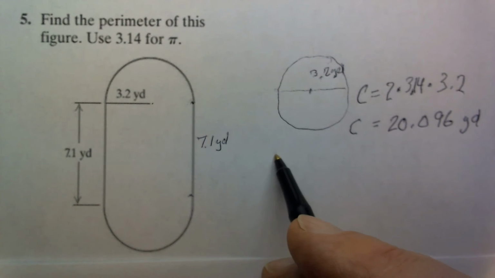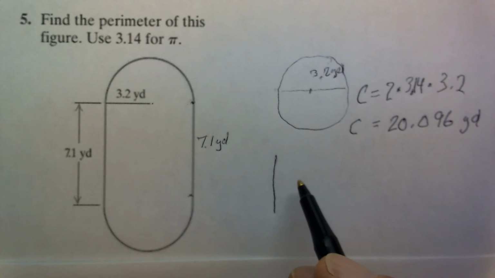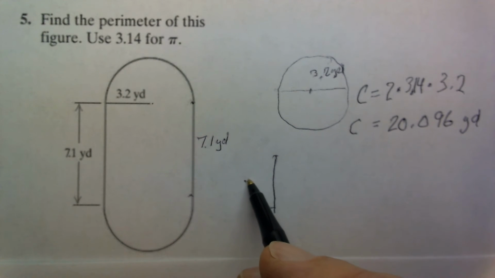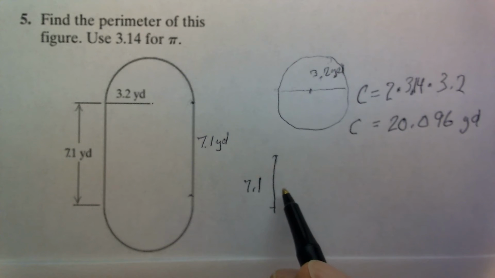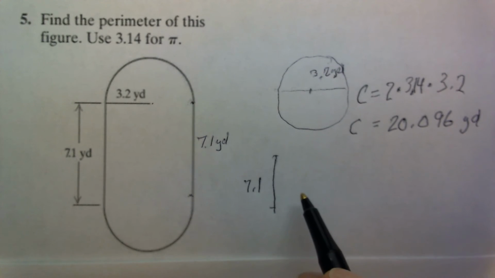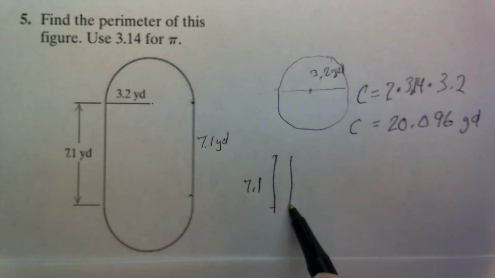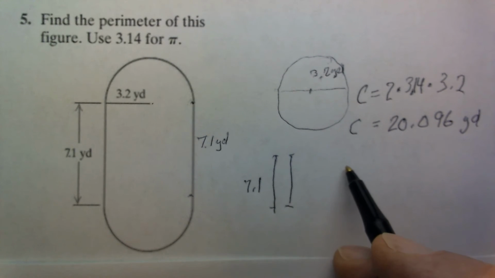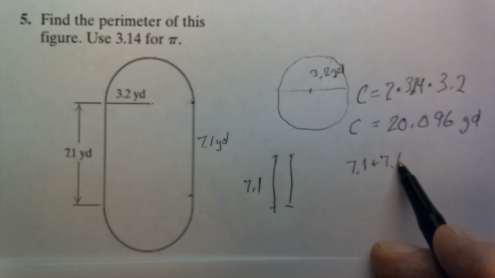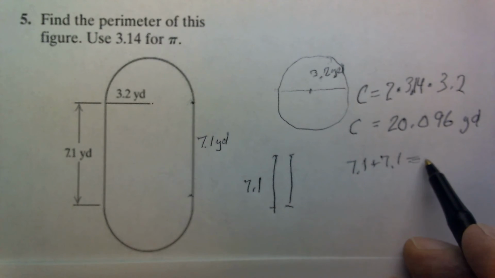And now we have the vertical lines, 7.1 yards long. And since there are two, we now have 7.1 plus 7.1 is equal to 14.2.